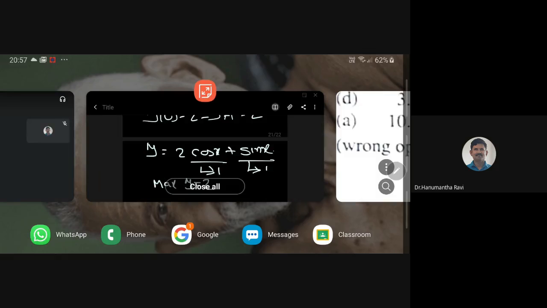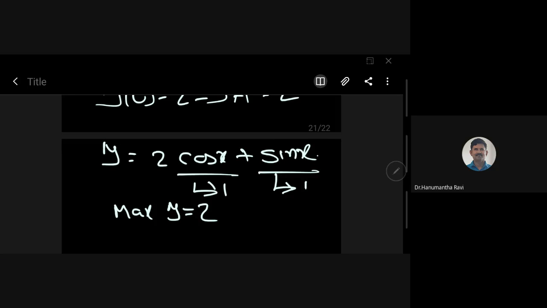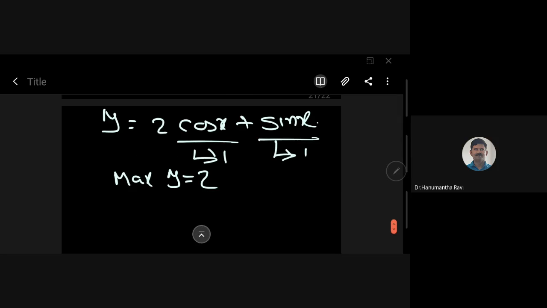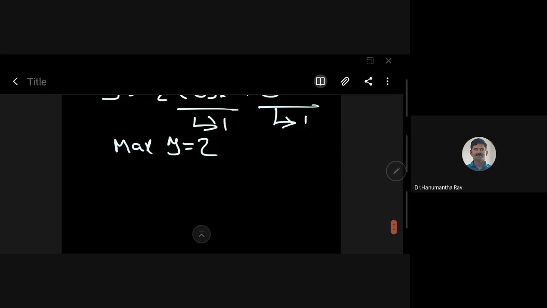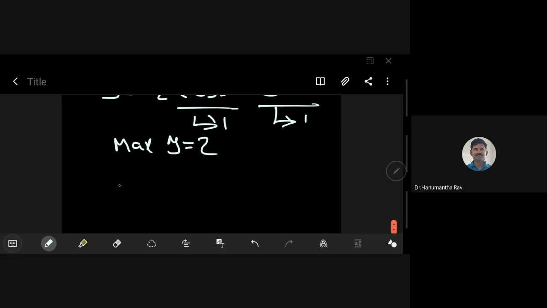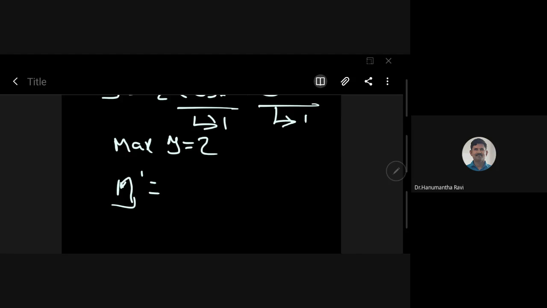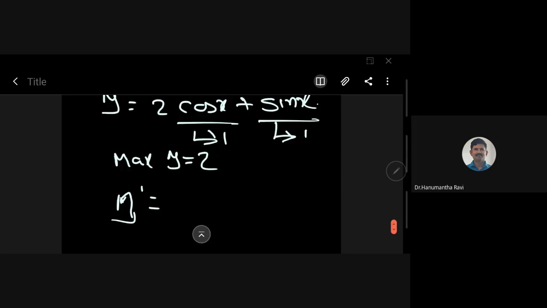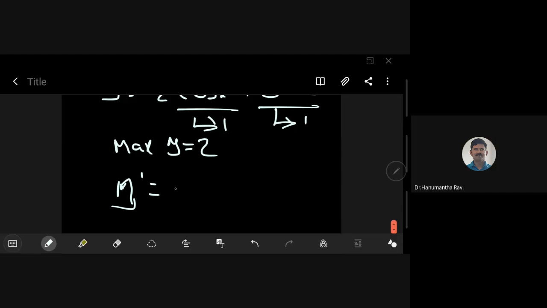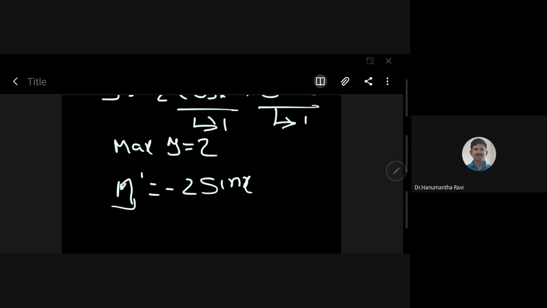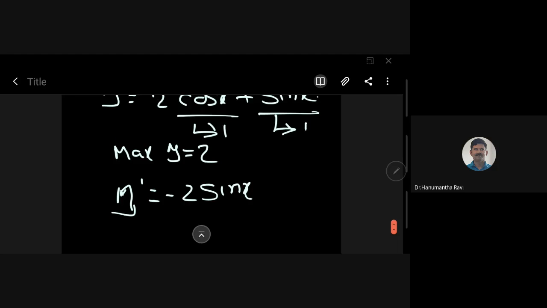Maximum and minimum values, if you want to apply: what is y dash? Y dash is minus 2 sin x plus cos x.